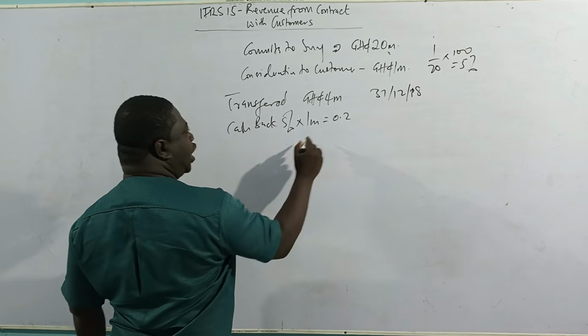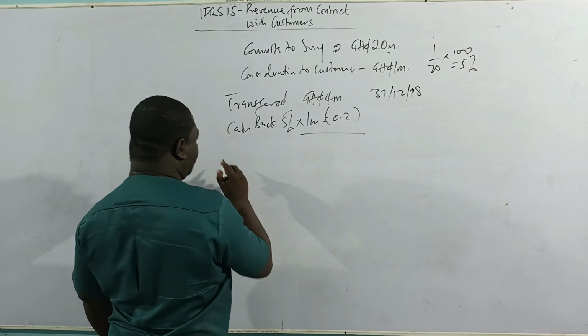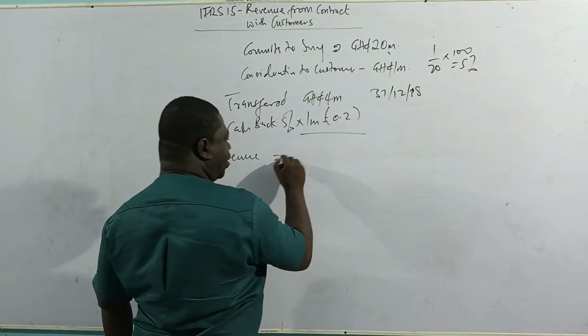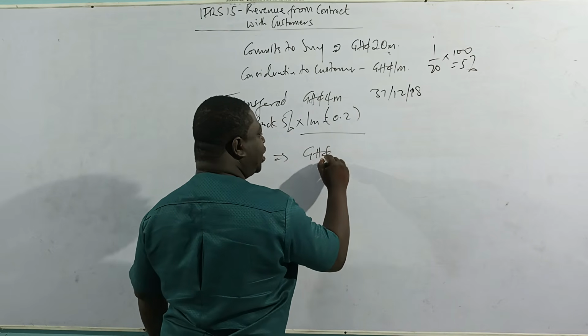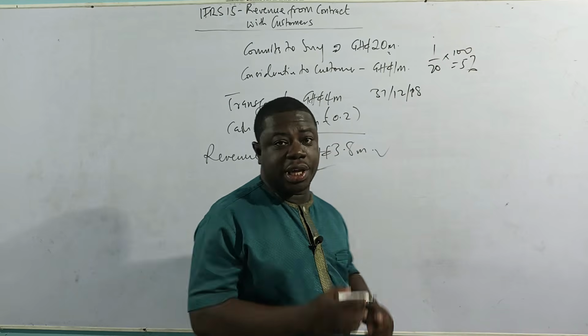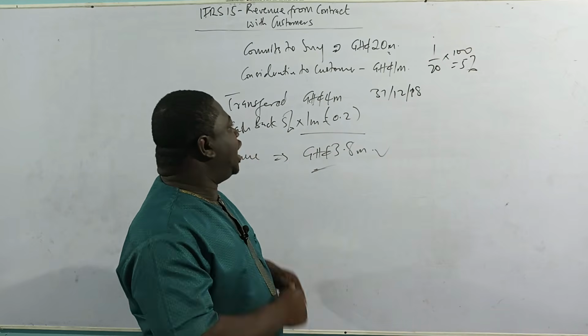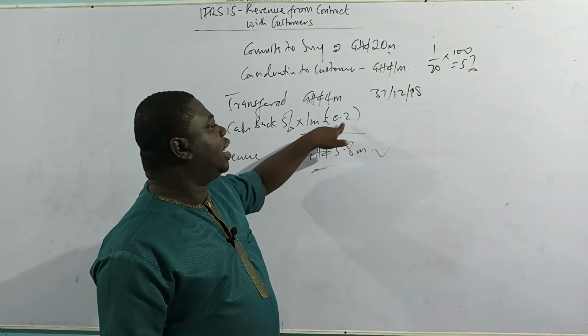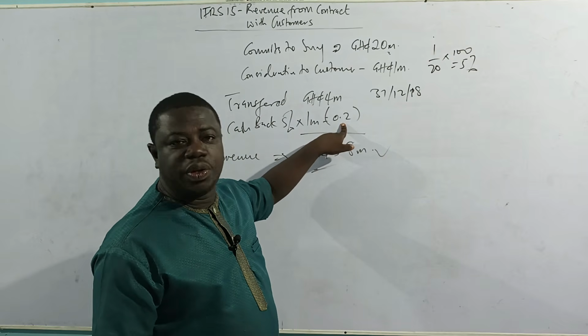And therefore, if we take out 0.2 from 4 million, the revenue to be recognized at the end of the year is going to be 3.8 million. And this is what the examiner expects you to get. So what we are trying to say is that even though we have transferred 4 million worth of the goods, we need to pay back 0.2 million to the customer.